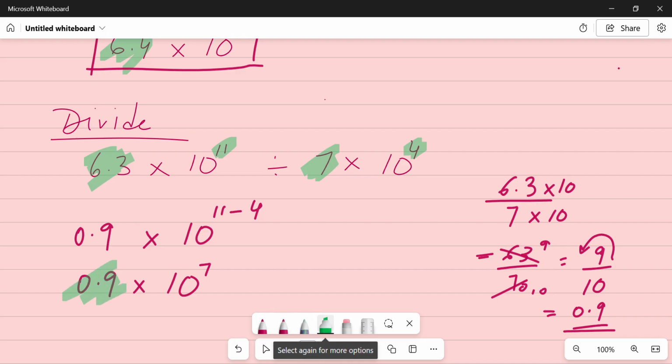The 0.9 is not the standard form. So you need to convert this into a standard form. So how are you going to convert this into a standard form? So you need to move this decimal towards your right side. So R for right, R for reduce, we use minus 1, right? So it becomes 9 times 10 to the power 6. Got it? This is the answer.